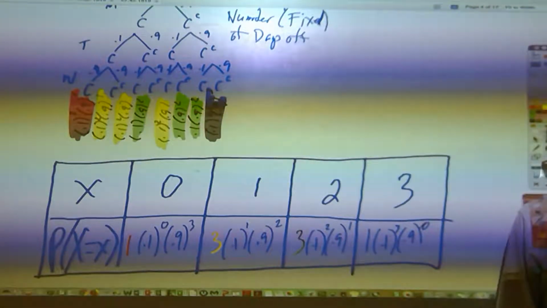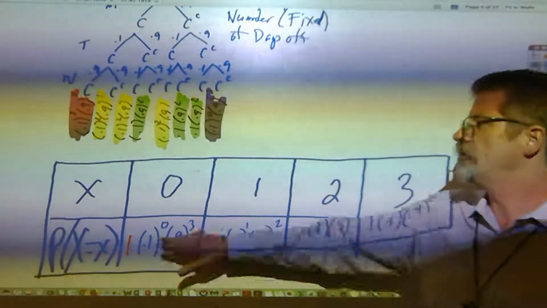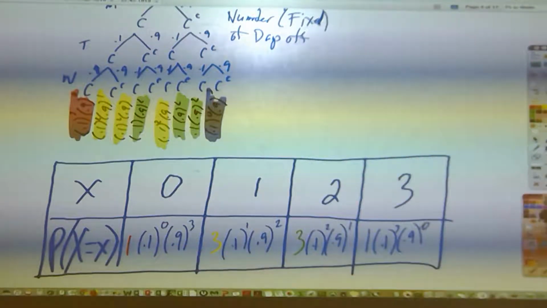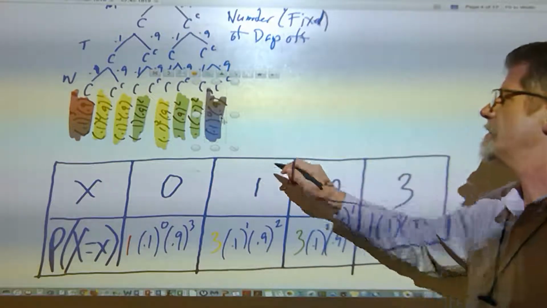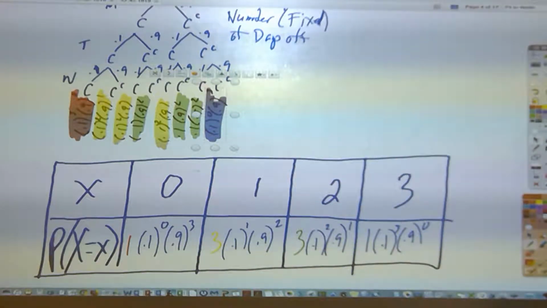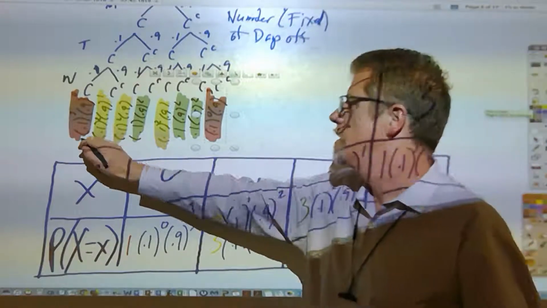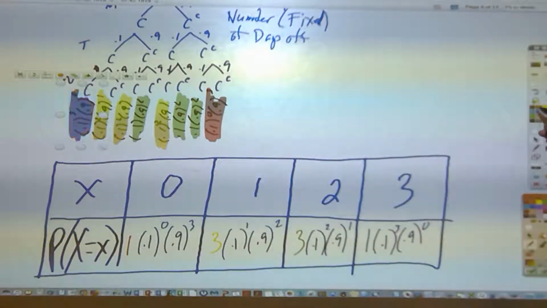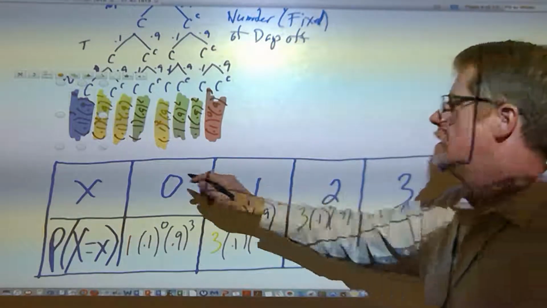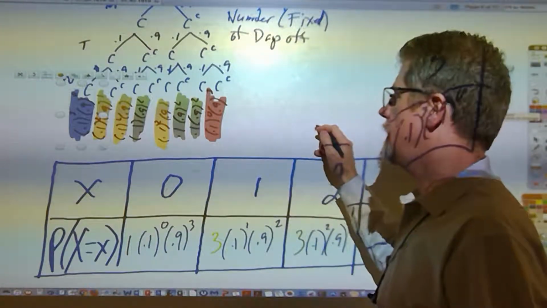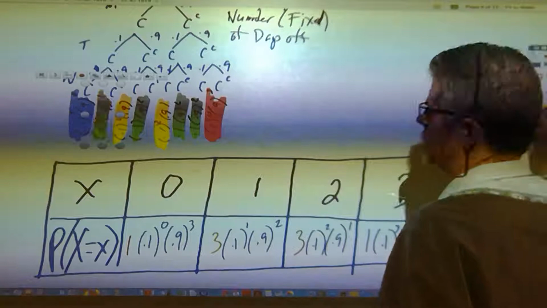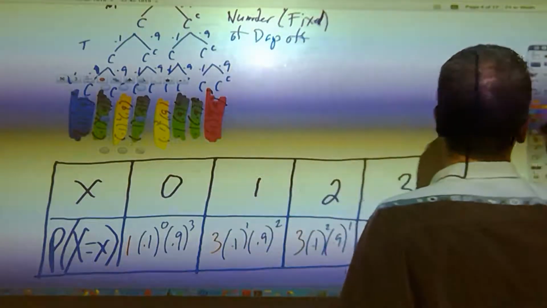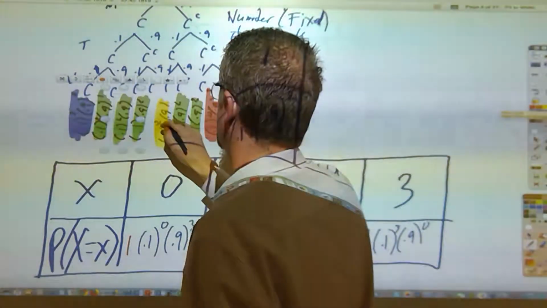That's the probability model. Now, you might be saying, well, there's a mismatch here. So to fix the mismatch, what I'm going to do is change that to red, this to blue, the yellows to green. It's just a symmetry issue.